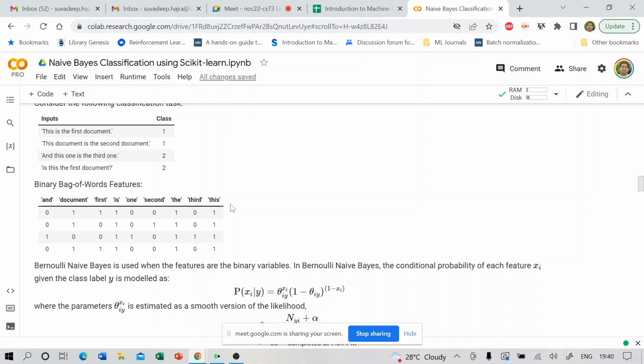For each class and each feature there will be one theta. So the total number of parameters representing this x given y part will be the total number of features multiplied by the total number of classes. You can look into it in more detail later.